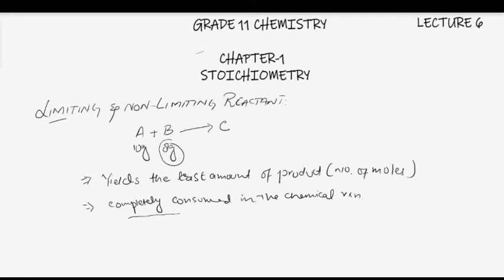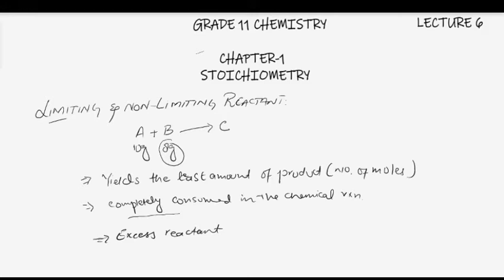In other words, some of the amount of the non-limiting reactant would be left at the end of the chemical reaction. And that is what we call an excess reactant. So in a chemical reaction, we might have a reactant that produces the least amount of the product or is consumed completely, and we call it the limiting reactant.